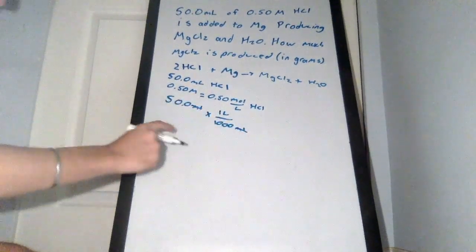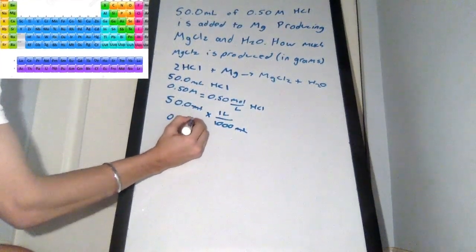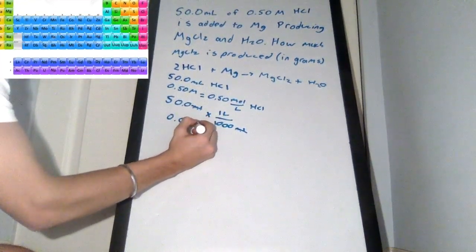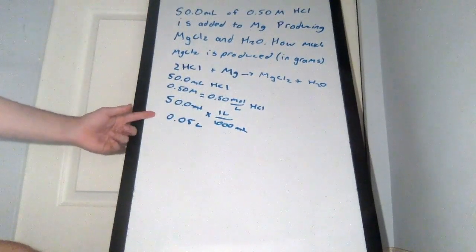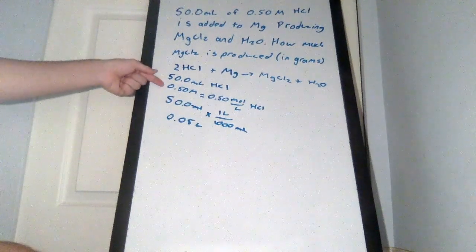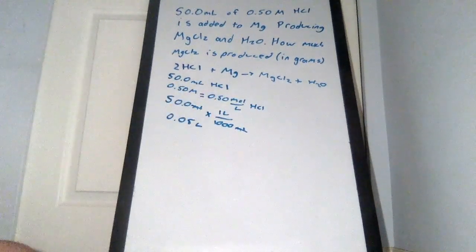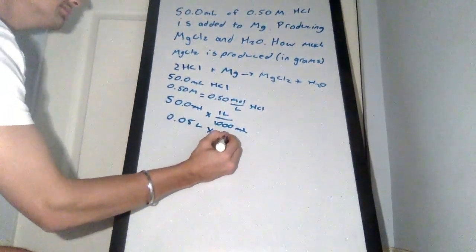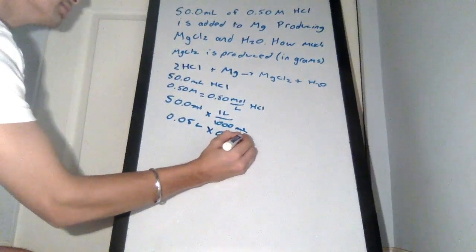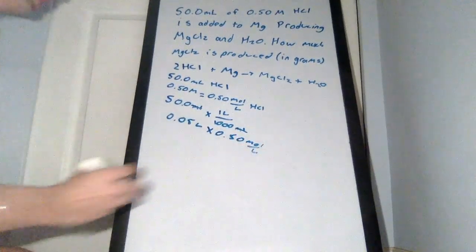You're left with 0.05 liters. So now we can take our liters and multiply it by the molarity, so we can cancel out the liters to get moles. So I'm just going to go like this, times 0.50 mole per liter.